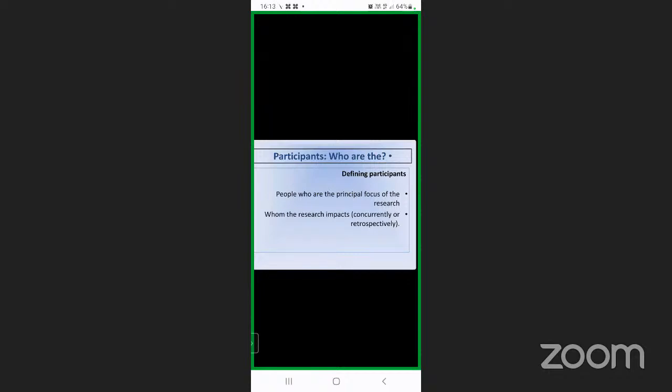The focus of the research, they are called participants. Then, to whom does the research matter? Directly, concurrently or retrospectively, the research is going to affect and benefit them.